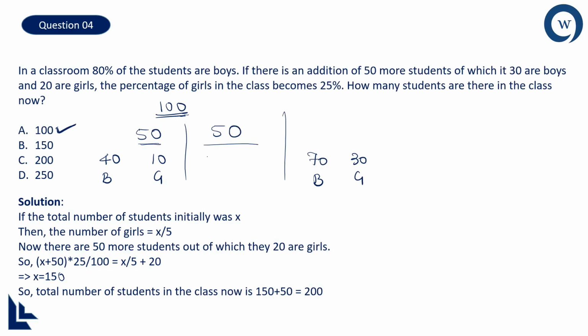And now the point is, you need to understand whether this 30, total number of girls now, is 25% of the total number of students. That means is 25% of 100 is equal to 30. You need to see that. Absolutely not, because 25% of 100 is 25. So option A is gone.